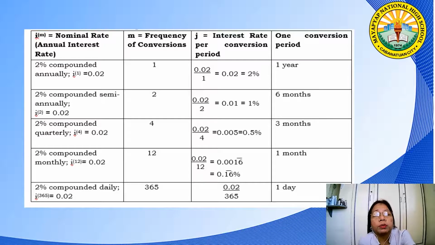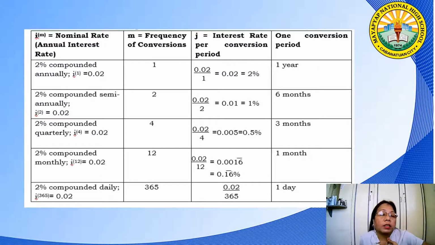For 2% compounded semi-annually, i^(2) equals 0.02, m is 2, that is the frequency of conversion, so that is 0.02 over 2 or 0.01 or 1% per period, and that is 6 months because it is semi-annually. 2% compounded quarterly, i^(4) equals 0.02, m or the frequency of conversion is 4, then 0.02 over 4 equals 0.005, 0.5%, and that is 3 months.